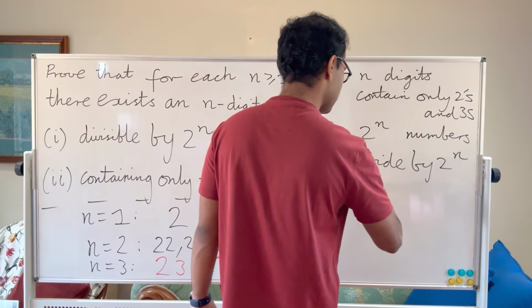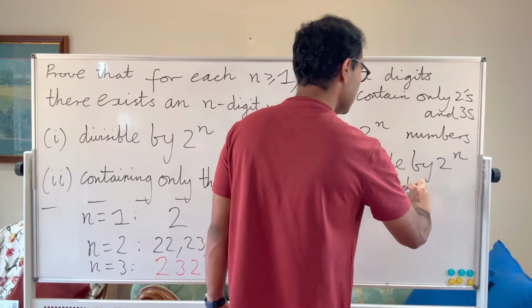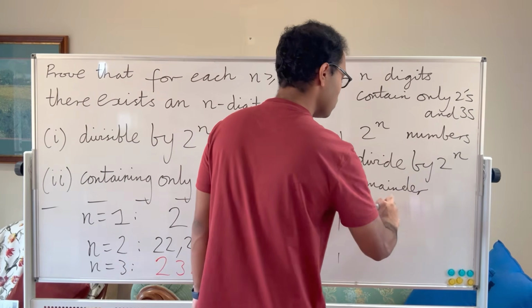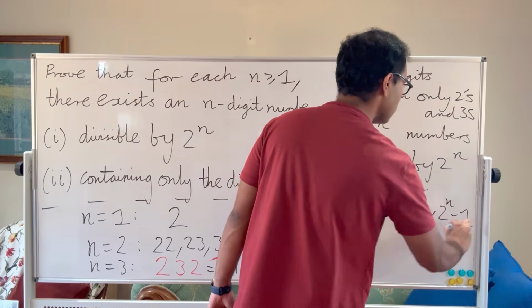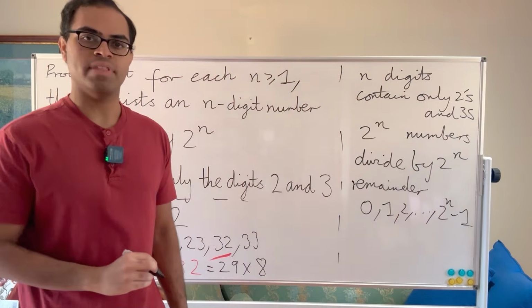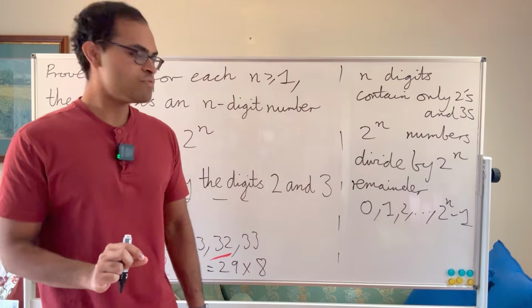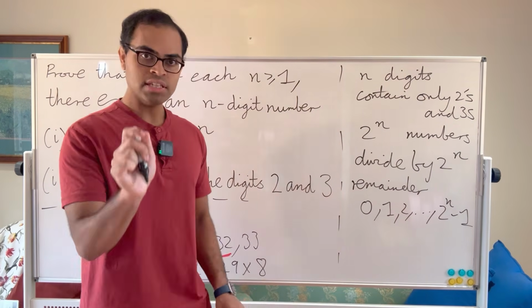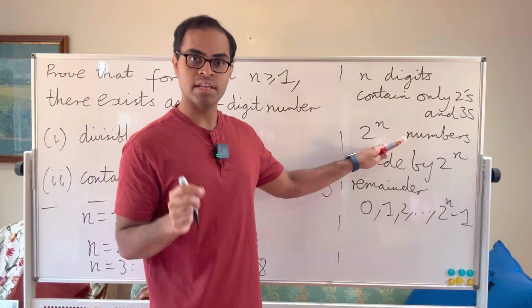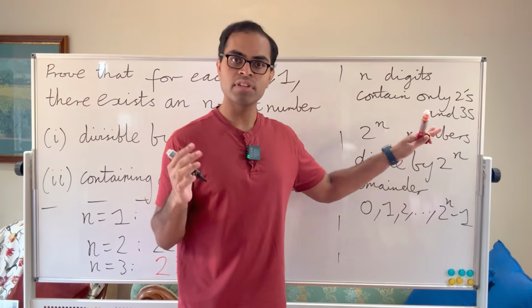Let's write it down. The remainder is possibly 0, 1, 2, all the way up to 2 to the power n minus 1. Those are the possible remainders, and there are 2 to the power n of them. We're actually going to prove that every remainder occurs exactly once when you consider the 2 to the power n numbers that have n digits consisting only of the digits 2 and 3.